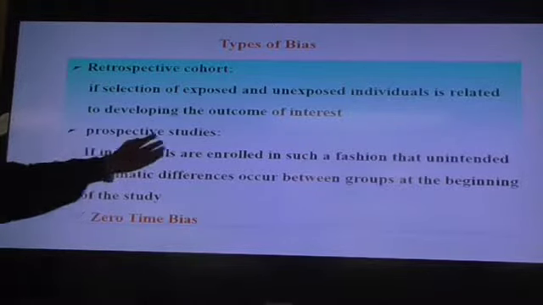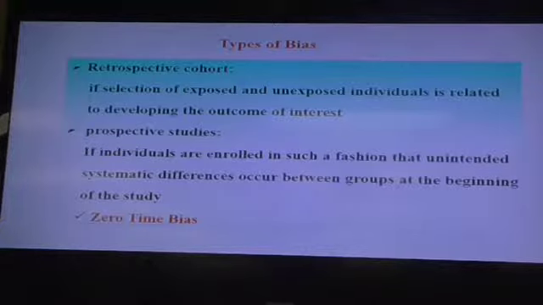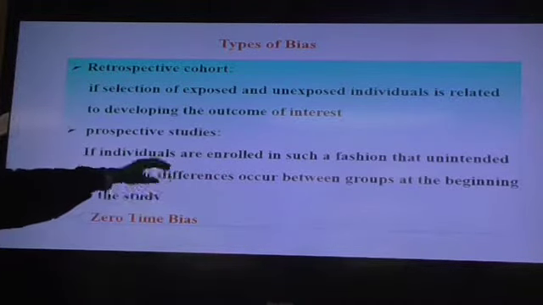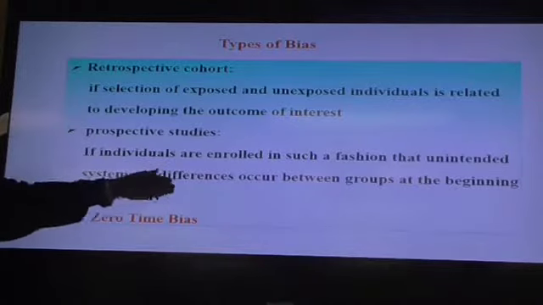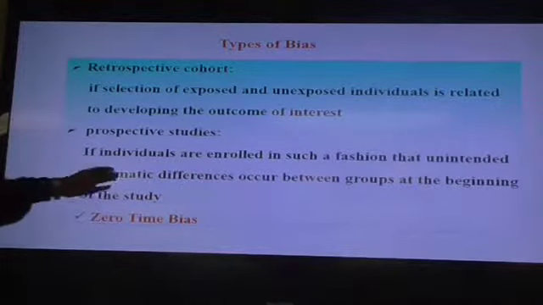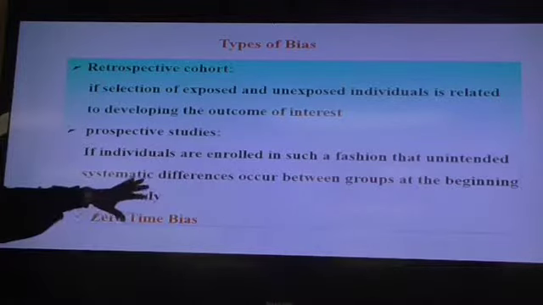In prospective cohort studies, both in experimental and also prospective cohort, you have what we call a zero-time bias. A zero-time bias means individuals, that means exposed and unexposed, or study and control groups, have unintended systematic difference at the beginning of the study.